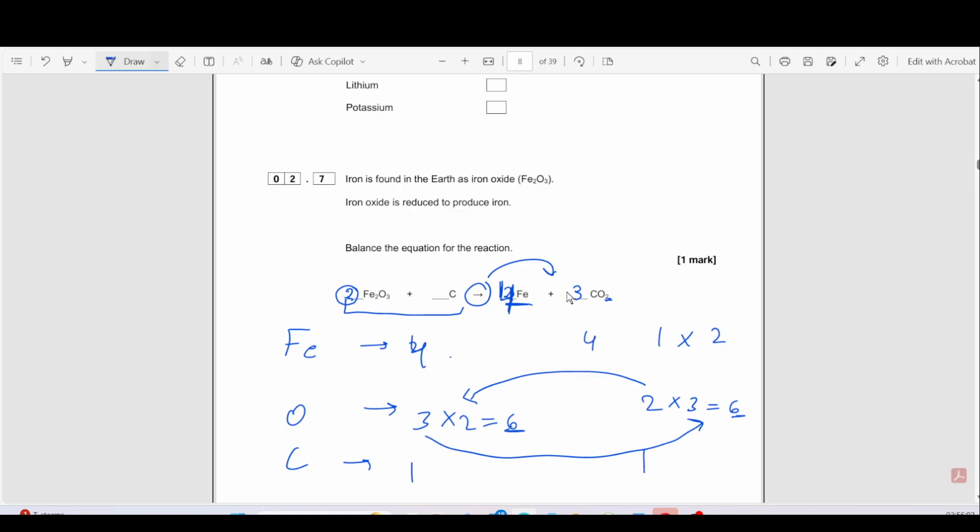For oxygen, 3 times 2 is 6, and here 3 times 2 is 6. This is balanced. Now carbon is 3 on this side, so I need to put 3 here. Now it is balanced. This is the balanced equation.